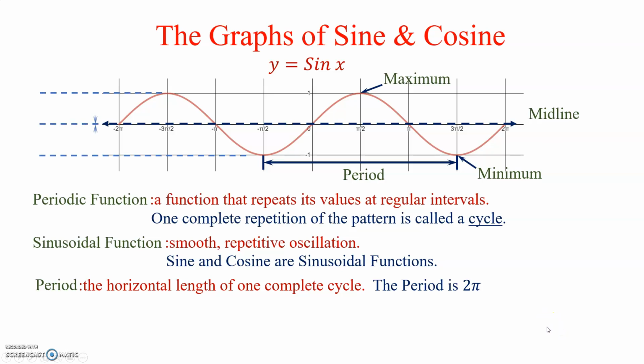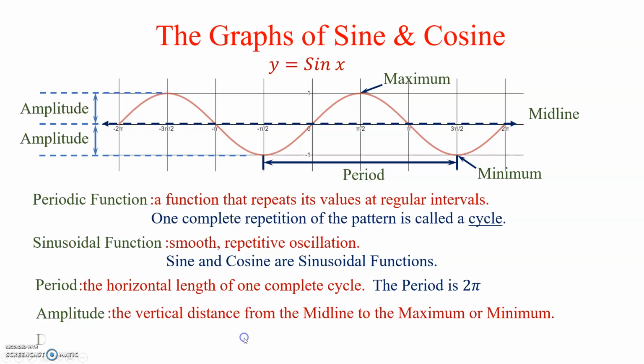The distance between the midline and the maximum is called the amplitude. The distance from the midline to the minimum is also the amplitude. So again, the amplitude is simply the vertical distance from the midline to either the maximum or the minimum.